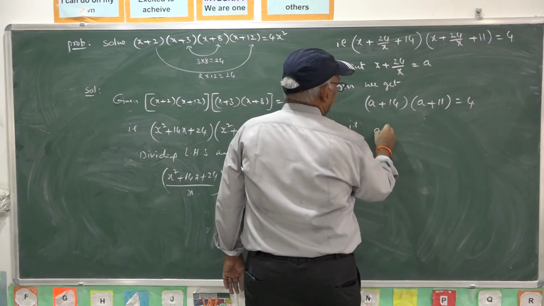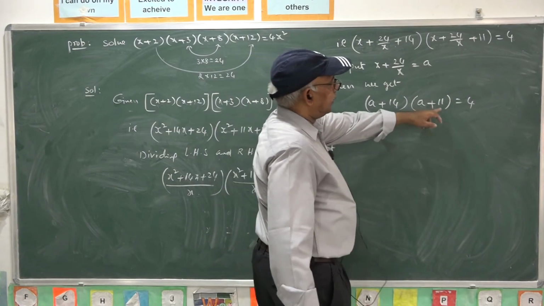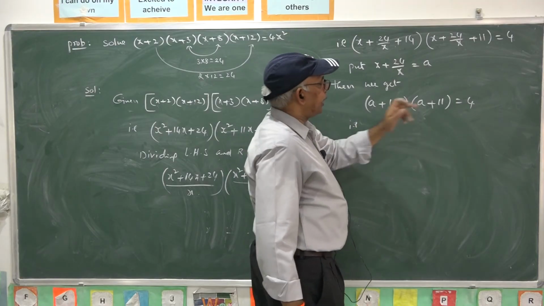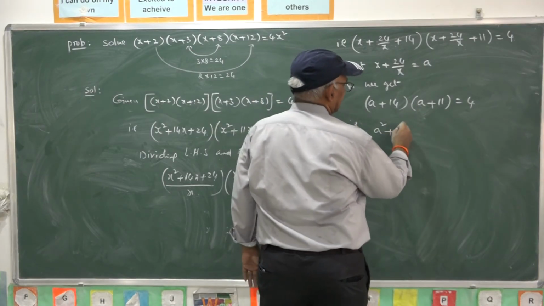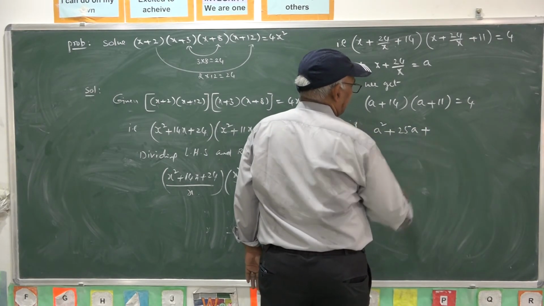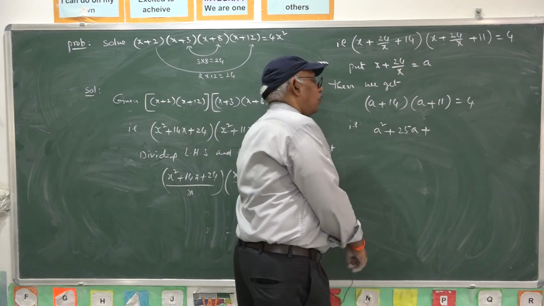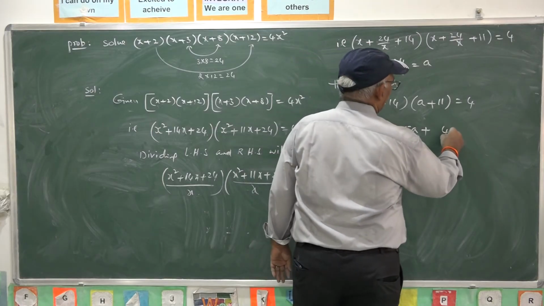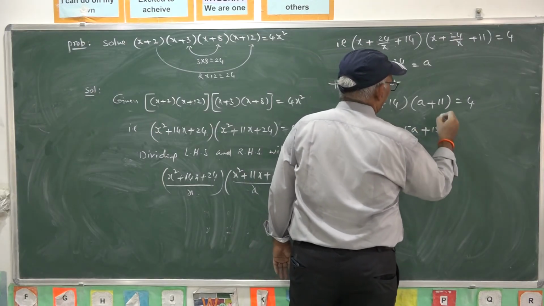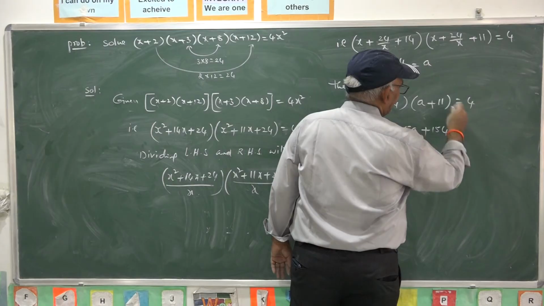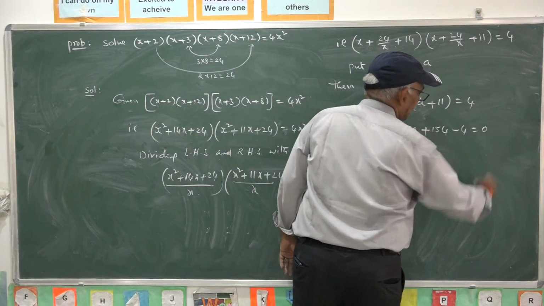On multiplication, we get a square plus 11a plus 14a, which gives us 25a, plus 14 into 11, which gives us 154. Take this constant to this side, minus 4 equal to 0.